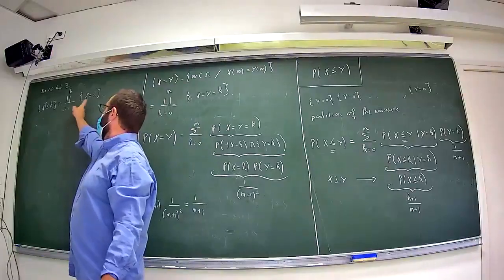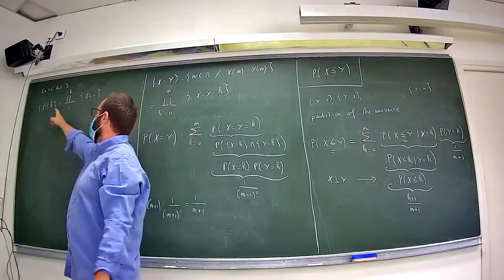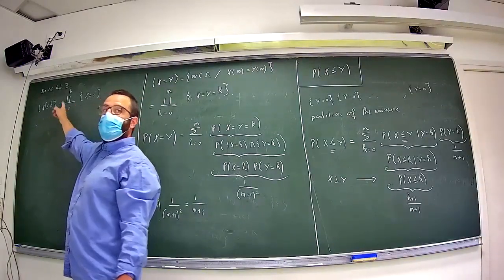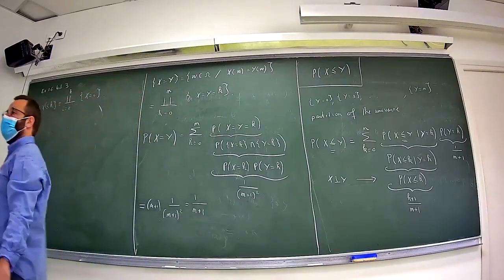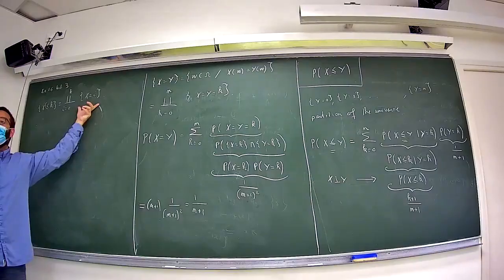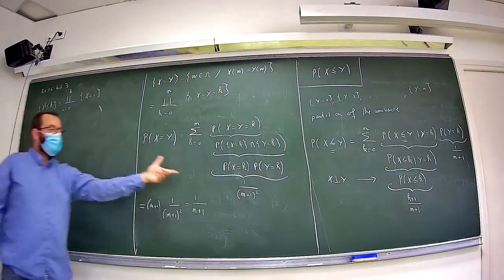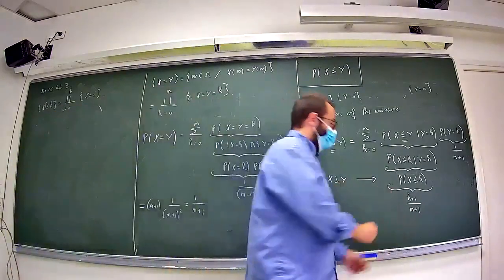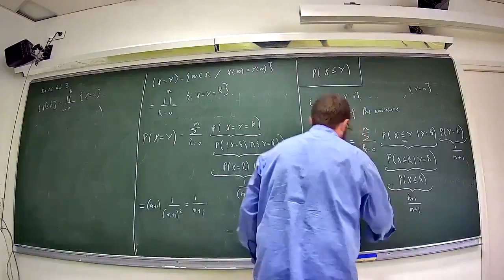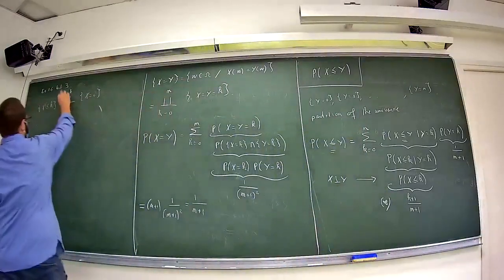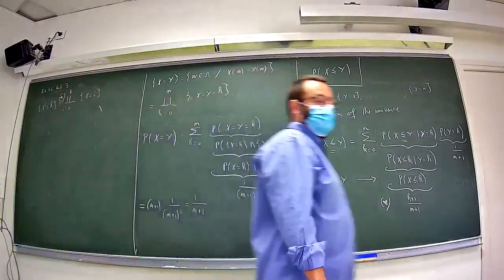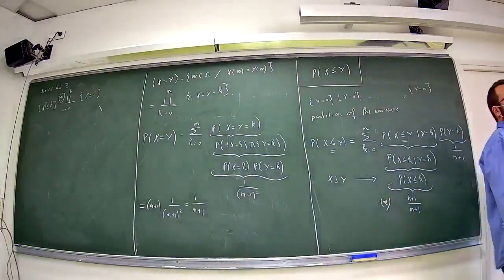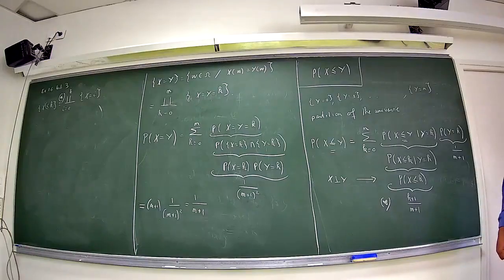I have pairwise disjoint sets, so the probability of the union is equal to the sum of the probabilities, each equal to 1 over n plus 1. That's why I obtain exactly this term, using once again the additivity of the probability with respect to pairwise disjoint sets.